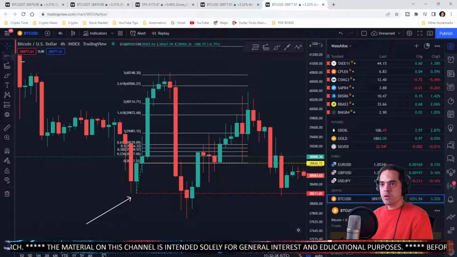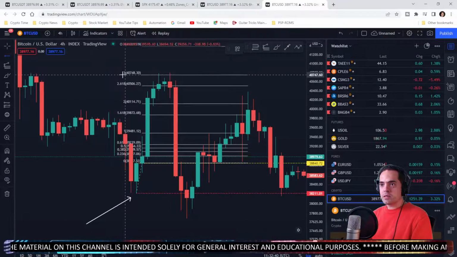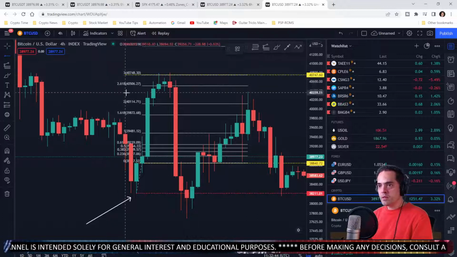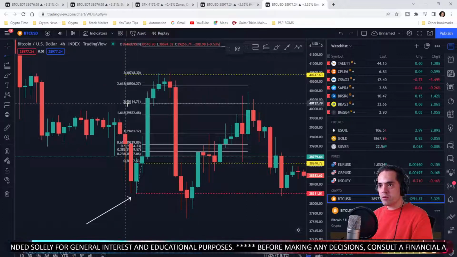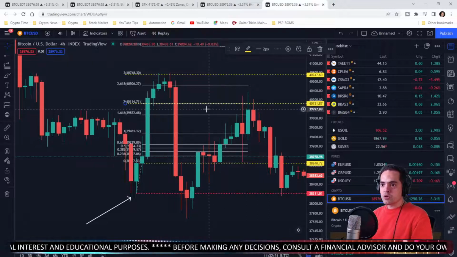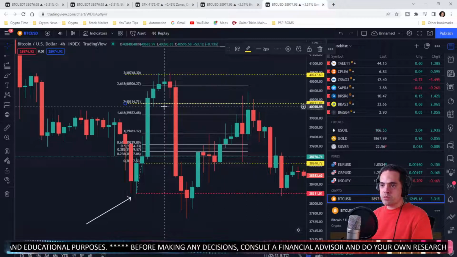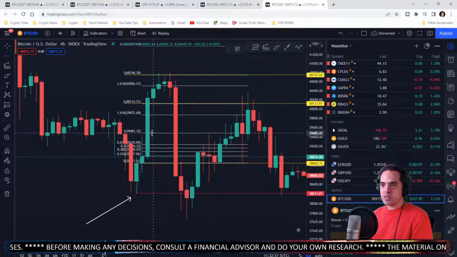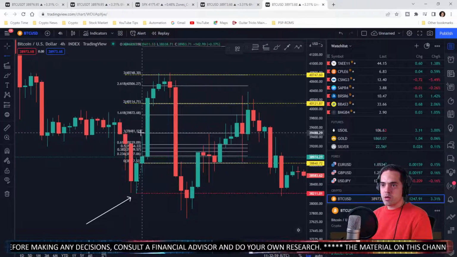So our profit targets would be something like here if you are more aggressive, or level 2 here. Some traders would take the risk off at 100%, which is the number 1 here.